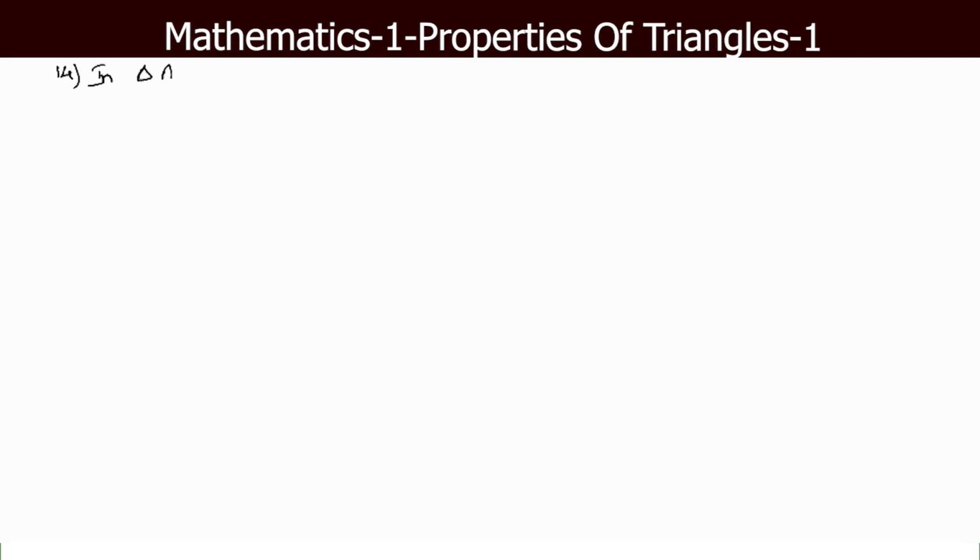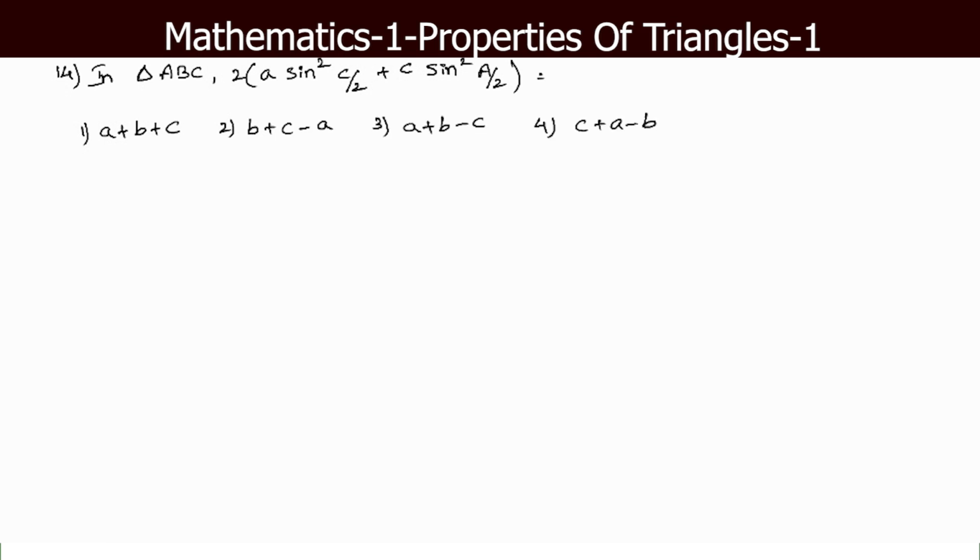Next, 14. In triangle ABC, 2 into a sin square C by 2 plus c sin square A by 2 is equal to: 1, a plus b plus c; 2, b plus c minus a; 3, a plus b minus c; 4, c plus a minus b.